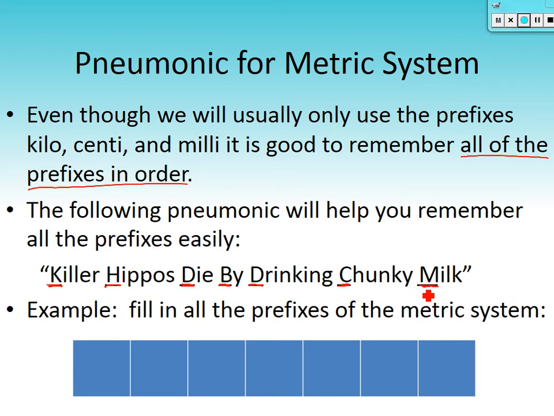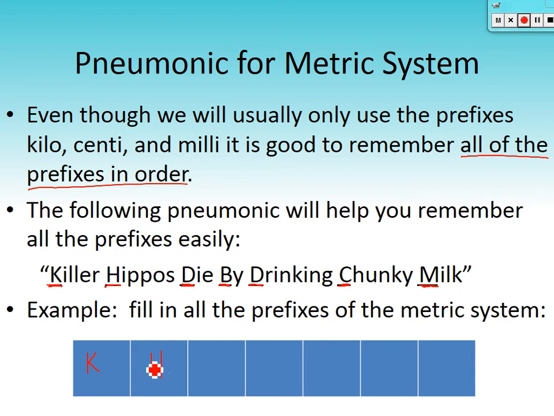So, example, it says to fill in all the prefixes of the metric system. So I want you to draw this, or it's probably drawn in your guided notes. So we've got, how many boxes here? 1, 2, 3, 4, 5, 6, 7. I want you to draw a big long rectangle and divide it into 7 boxes. In this first box, we're going to put K. In the second box over, we're going to write the H from hippos.